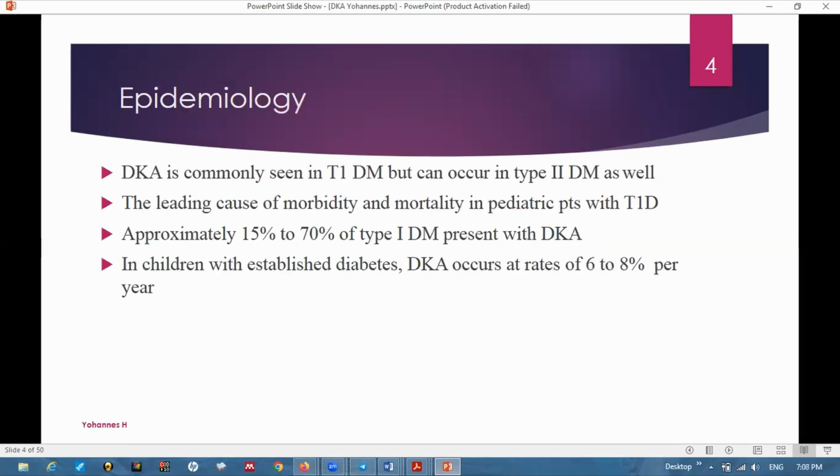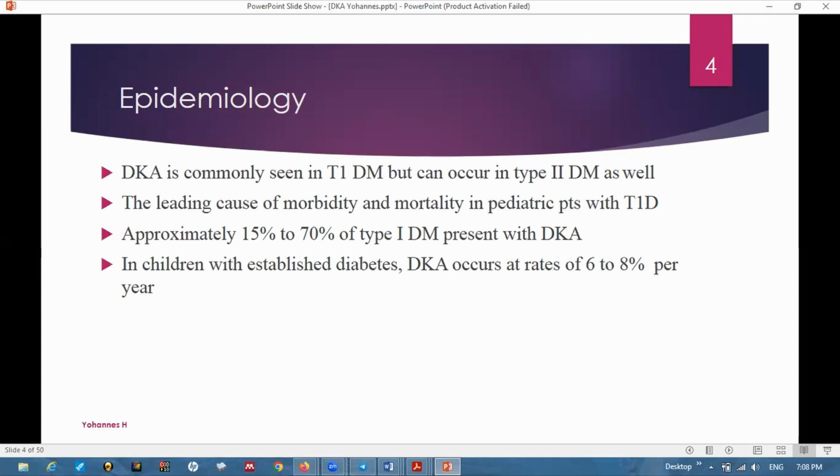So when we see the epidemiology, DKA is commonly seen in type 1 DM, but can also occur in around 5 to 25% of type 2 DM. And it is the leading cause of morbidity and mortality in pediatric patients with type 1 DM. Approximately 15 to 70% of type 1 DM present with DKA.